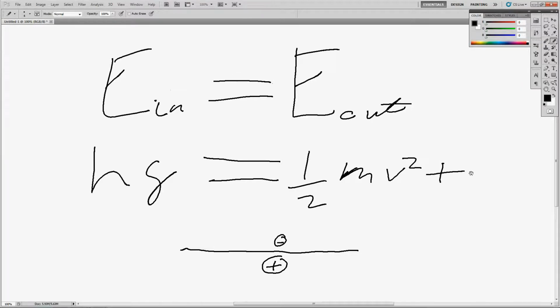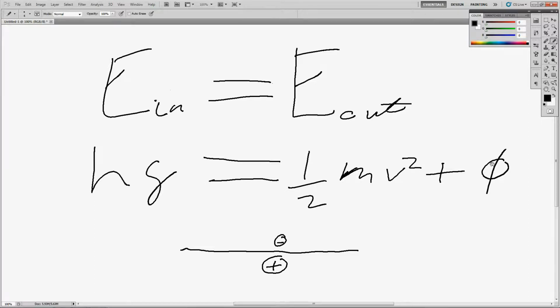And we call that the work function, which unfortunately requires yet another Greek letter, phi. And so we say that the energy in from the photon goes into the kinetic energy of the electron plus the work function, so the energy involved in escaping in the first place.